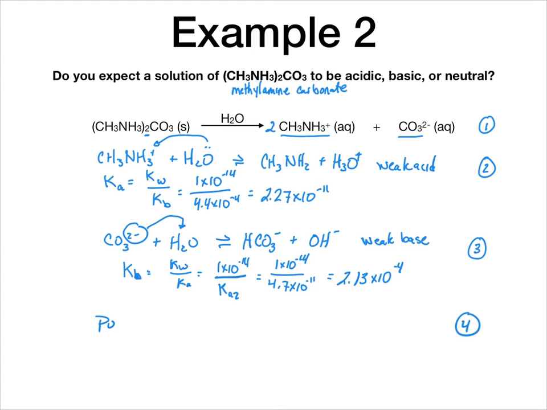Step 4, I have to put it together. And so my Kb is bigger than my Ka, which means that the solution will be basic.